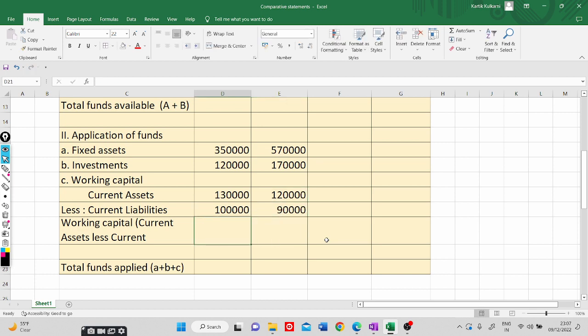We can get the difference of current asset and current liabilities, current asset minus current liability. We will get 1,30,000 minus 1 lakh, that is 30,000. Similarly, 1,20,000 minus 90,000 is 30,000.